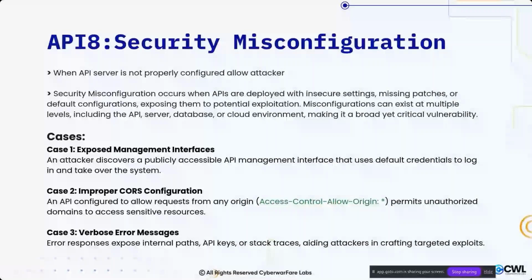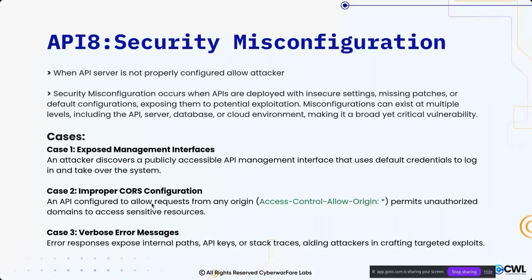Most of the time they use default credentials. So if an attacker is able to get the management interface of that particular API platform, he can take over the system.